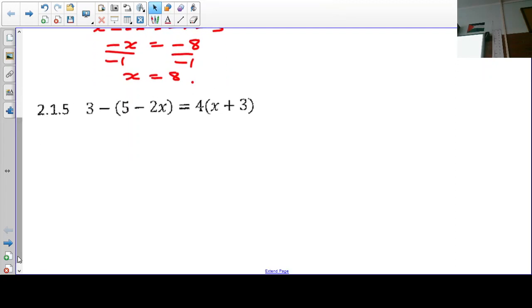Right, let's look at the next one. What do I do here? Simplify first. How do we simplify? Let's get rid of the brackets. Not so. What law do we call this? Distributive law. Yes, well done. When you multiply before you add, it's distributive. The other one is going to be when we add before multiply.